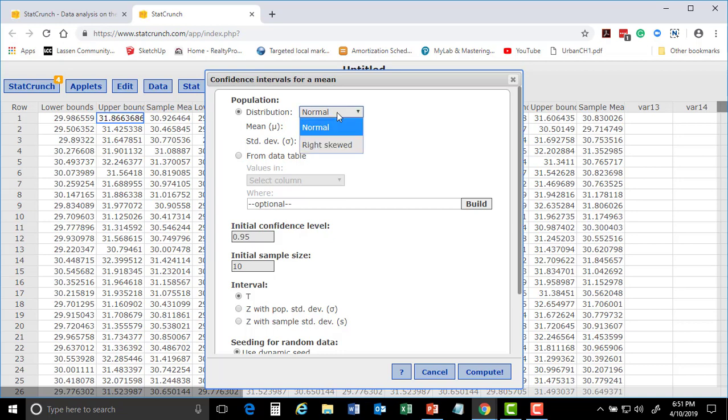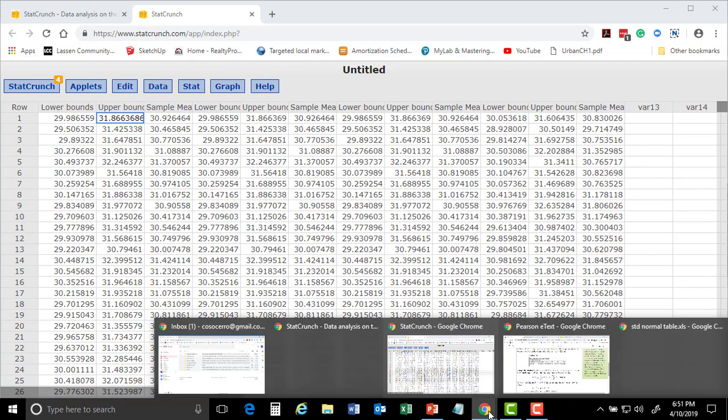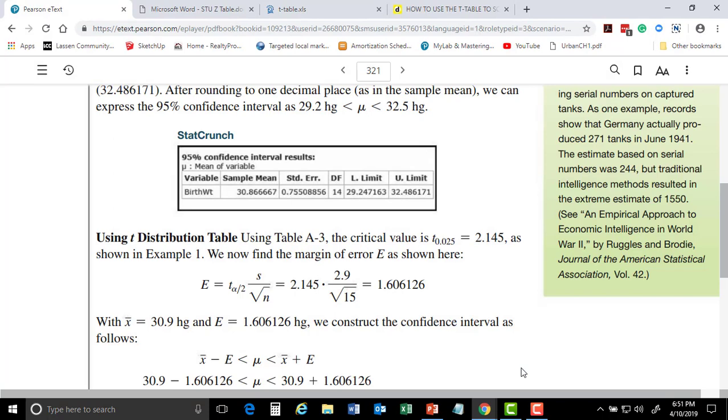Now this is saying a normal, but right here it says t interval. So I don't know. We'll play with it and see what happens. Let's go back. Okay. So anyway, we got this one okay, 2.14, and then it was 2.9 divided by the square root of 15. Is this a different problem? Where's this 15?